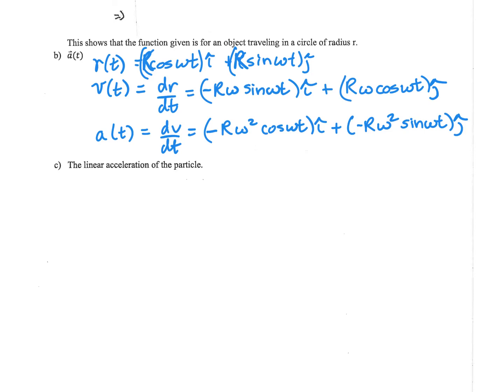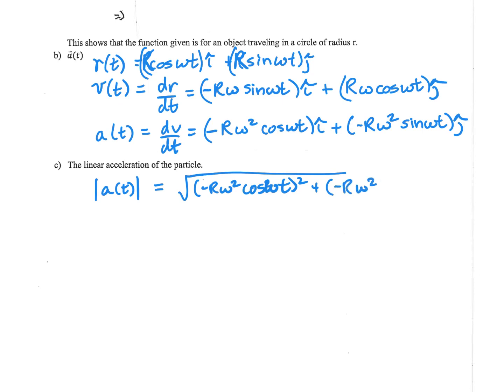Now it says, what's the linear acceleration? Well, the linear acceleration is going to be the absolute value of a sub t. Which means that we're going to have to square the x component and the y component and add them together. So negative r omega squared cosine omega t squared plus negative r omega squared sine omega t squared, take the square root of that.